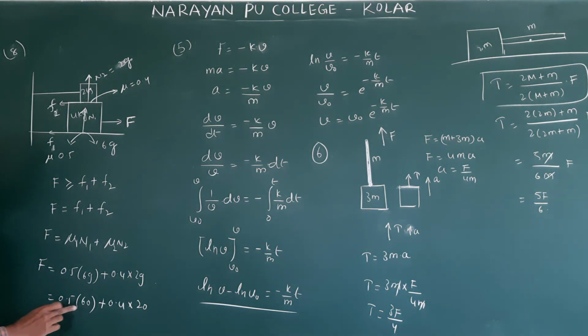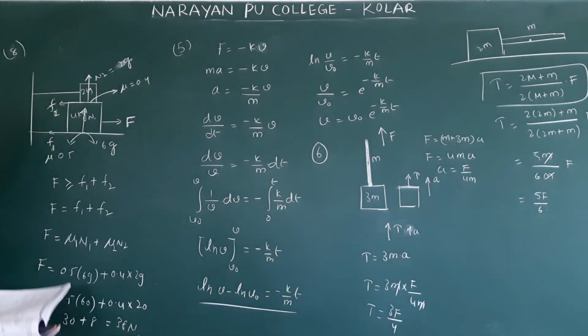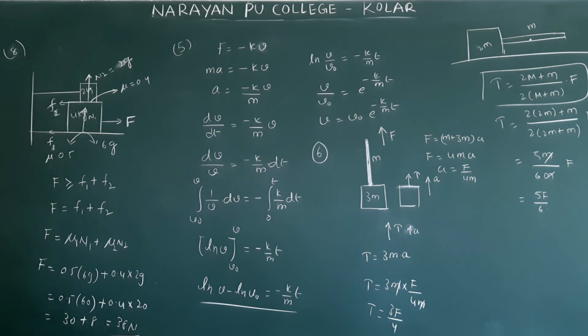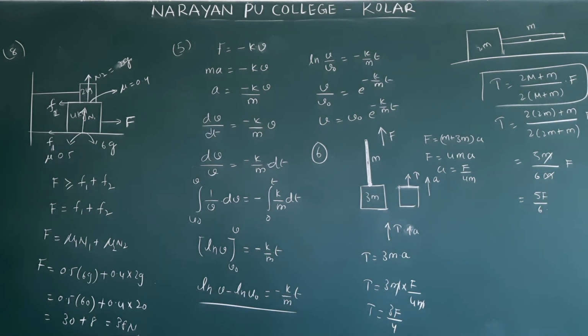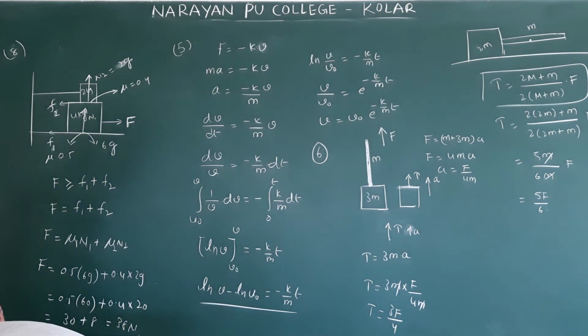This is 30 plus 8, 38 newtons. Check the option for question number 8: 38 newtons. The applied force is acting against these two frictions, so the minimum force is the sum of the two frictions. If it is more than this, it starts accelerating. Understand? Remaining we'll see in the next.